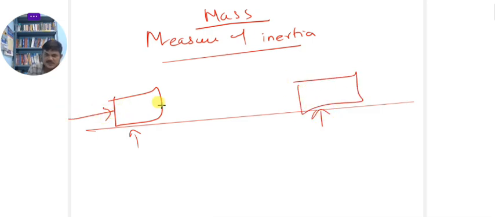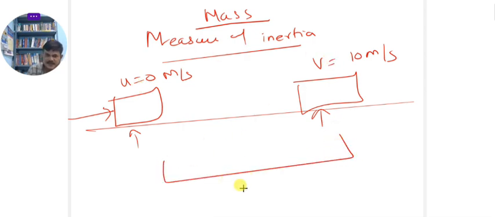Due to the force, it accelerates from 0 meter per second to a final velocity of 10 meter per second. The velocity changes from rest to some velocity within 5 seconds. After 5 seconds, the object is here with a velocity of 10 meter per second. This is a kind of acceleration.